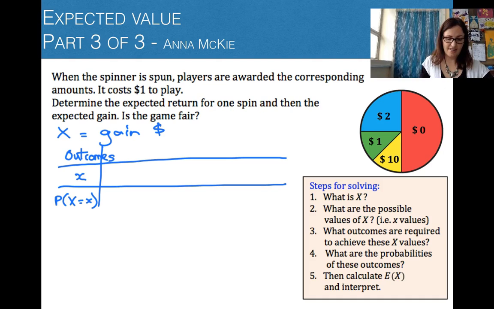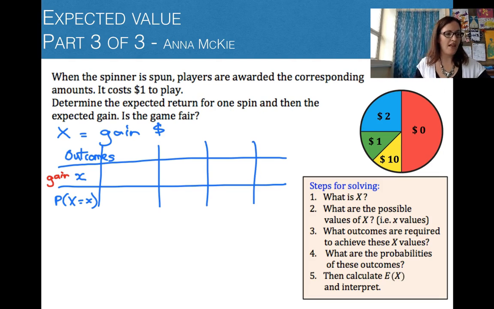So this little x is the gain as a refresher. So we've got 4 outcomes there, so we'll have 4 columns. And so the outcomes are, in this case, the colours that it could land on. So we've got red is the biggest, blue, and then green and yellow.